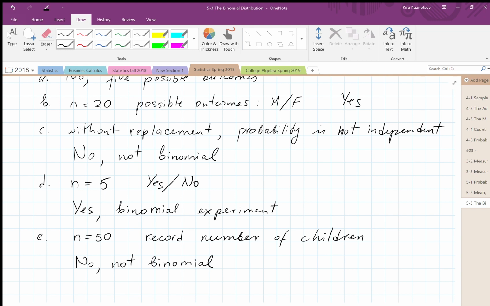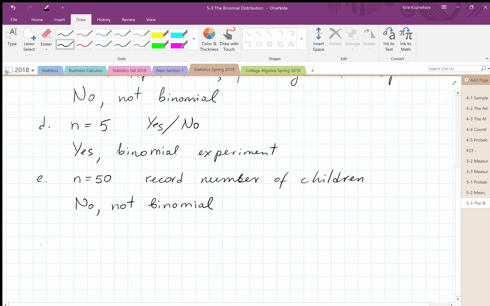So what I want to do right now is look at the binomial probability formula.